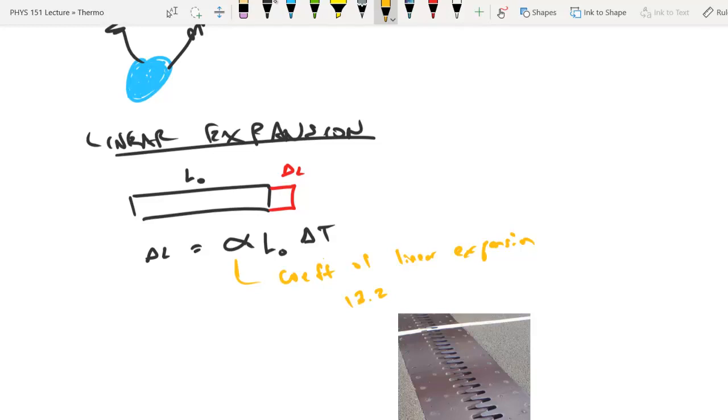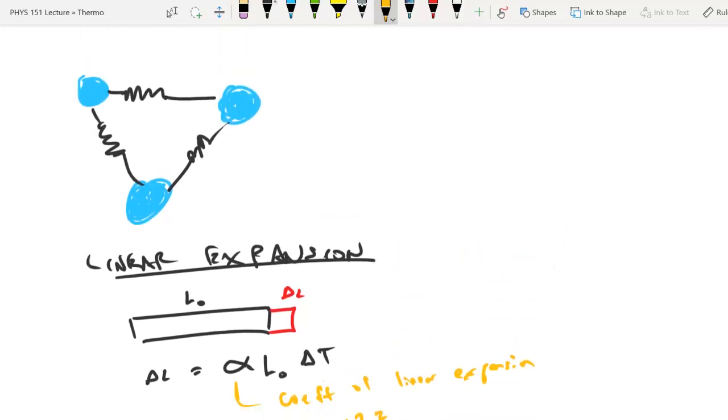And it's measured experimentally, kind of like friction is. And it depends on these bond types, right? So it depends on what this bar is made out of, and so on, right? So steel is going to have a different coefficient of linear expansion than, say, wool or something like that, right?